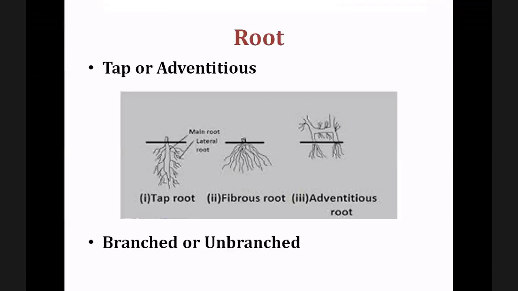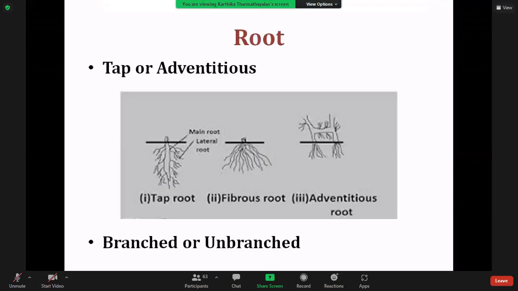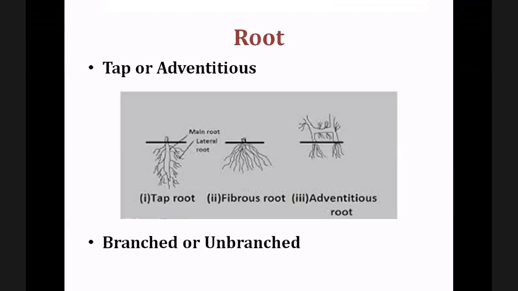Here the other root is the adventitious root. Adventitious roots arise from organs other than the root. The roots emerge from other parts of the plant.